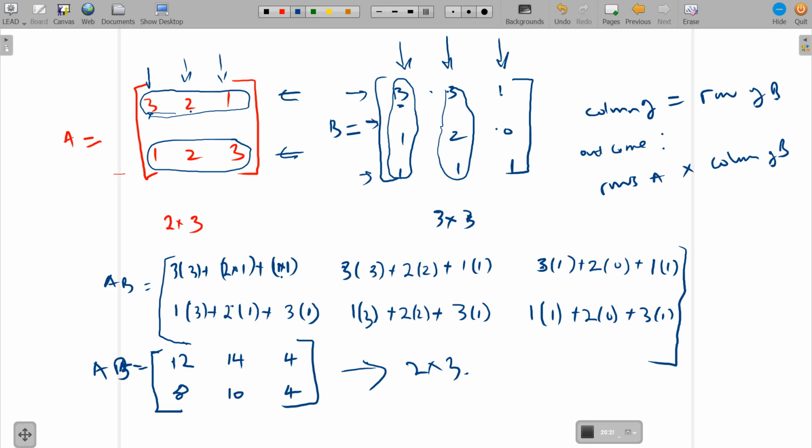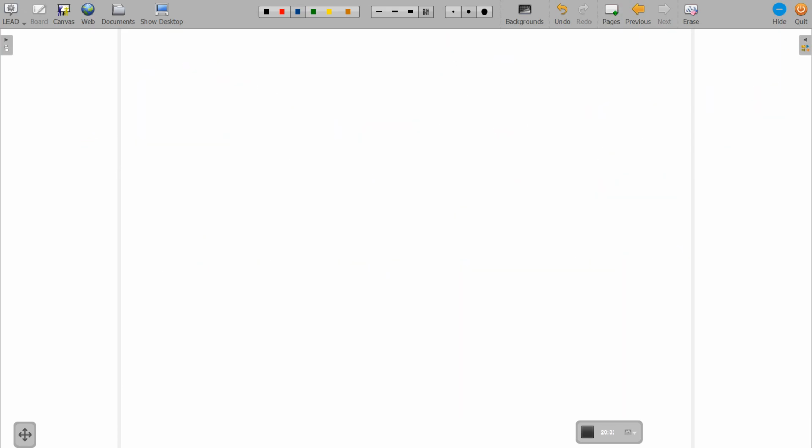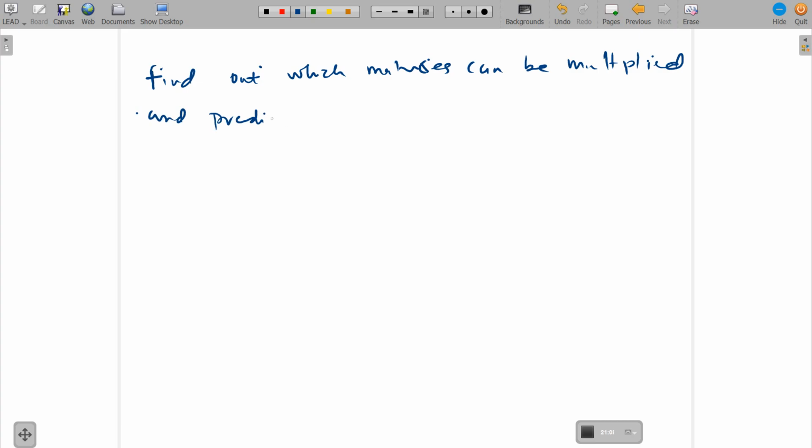Now let me give you an exercise which you do and post it to me. All right, so solve these problems. Find out which matrices can be multiplied, and predict the dimension of the results.